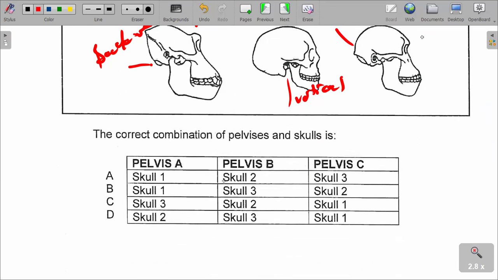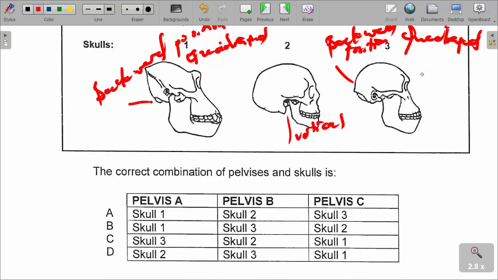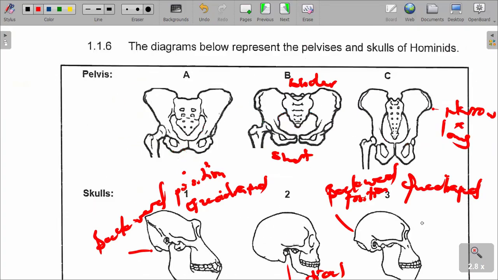We want to see that they match each other to correctly represent the diagram that we want to understand. So we are saying pelvis A, skull 1, skull 2, and we look at pelvis 3.